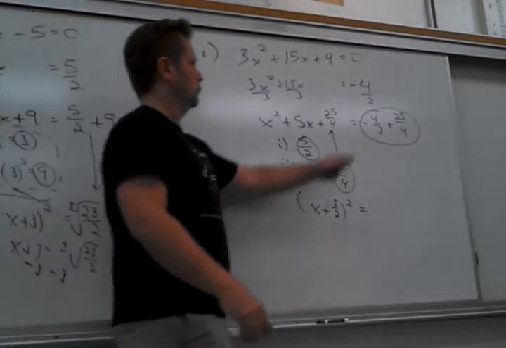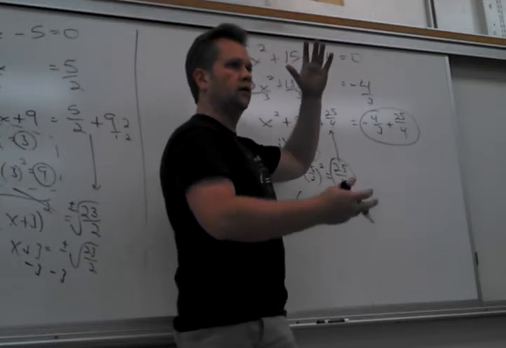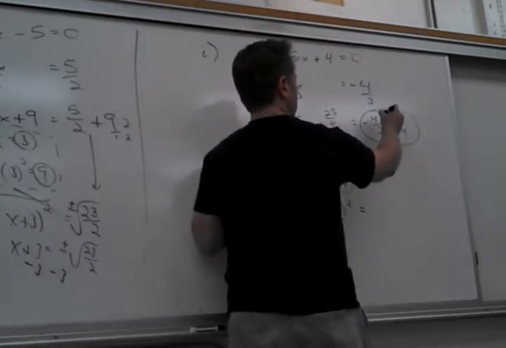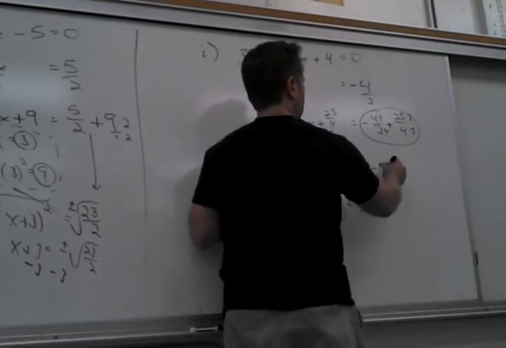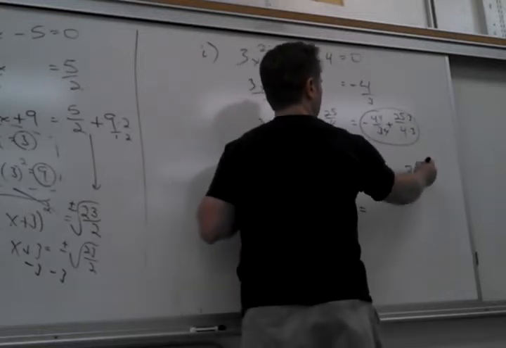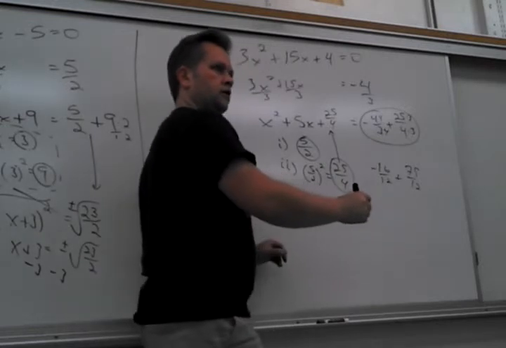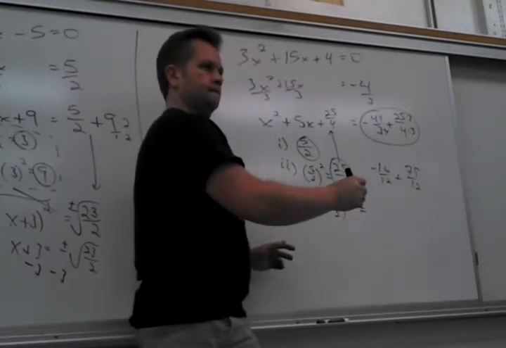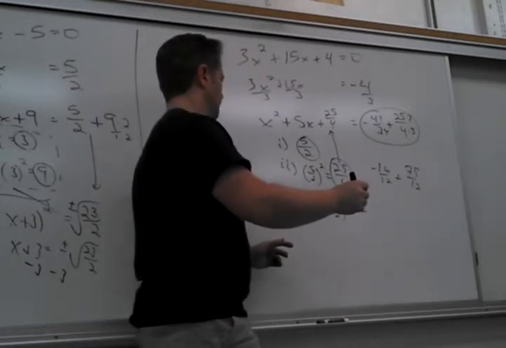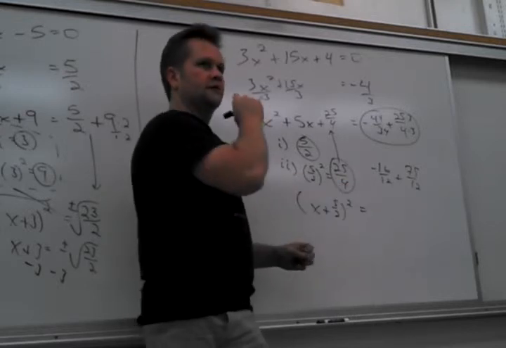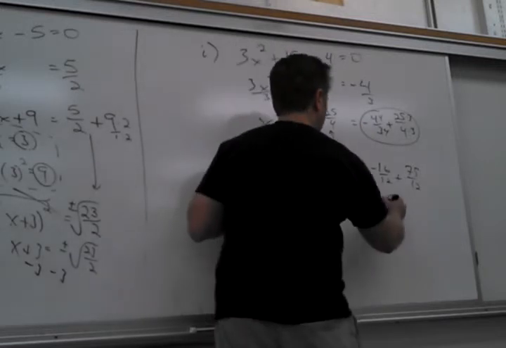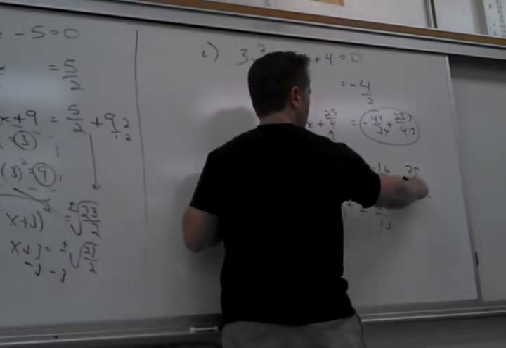Before you can add them, you need to have a denominator, and that would be 12. So multiply by 4, and by 3, you get negative 16 over 12 plus 75 over 12. 15 from that would be 60.